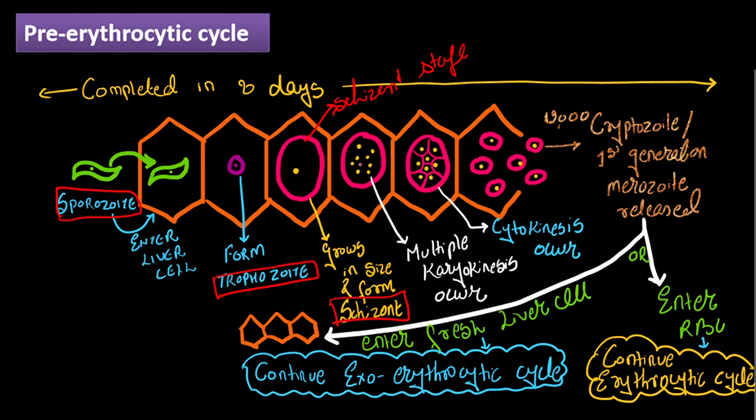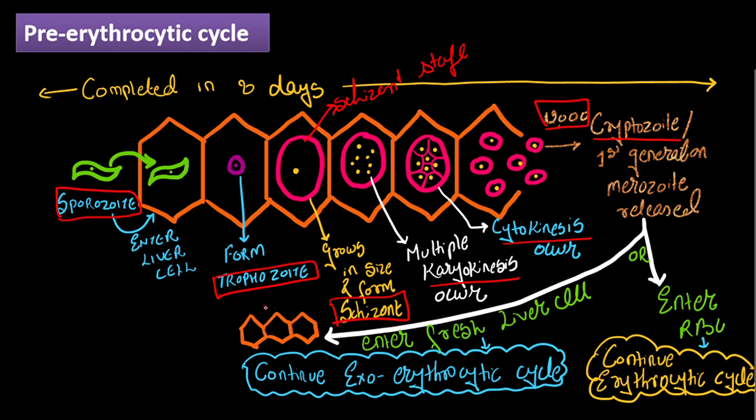Now इस stage के बाद what will happen? Nucleus will undergo mitotic division. Karyokinesis will occur first, followed by cytokinesis, which results in 12,000 daughter cells. उस daughter cell का नाम अलग है, that is cryptozoite or first generation merozoite. Now ये क्या होगा? Schizont cell is going to burst. After bursting, cryptozoite will move out and it has two options.